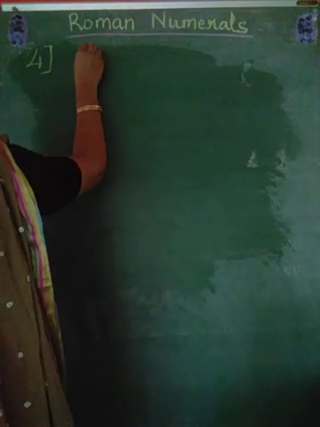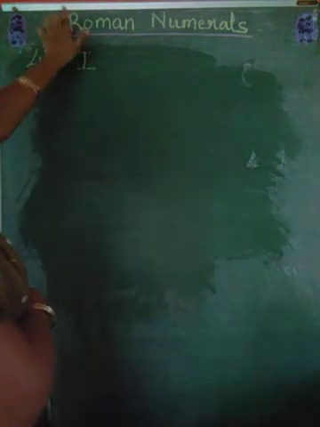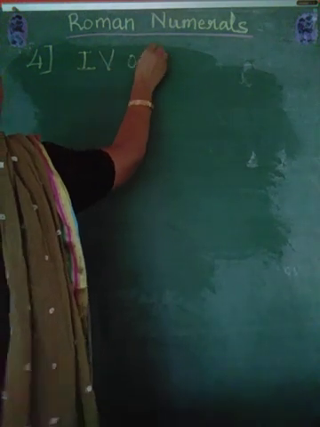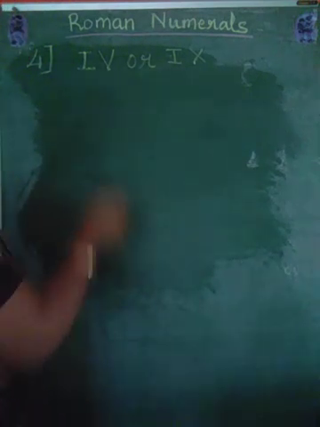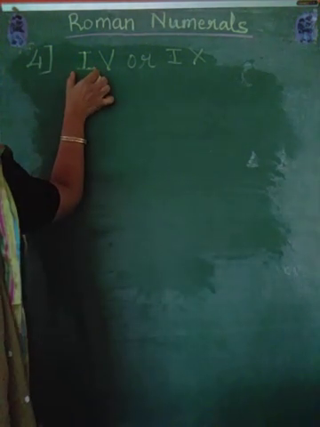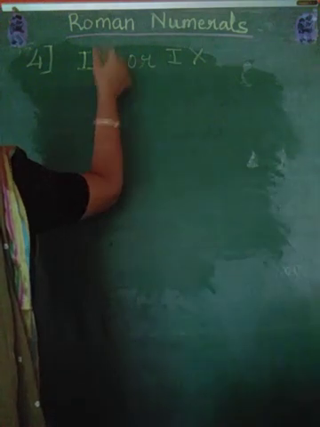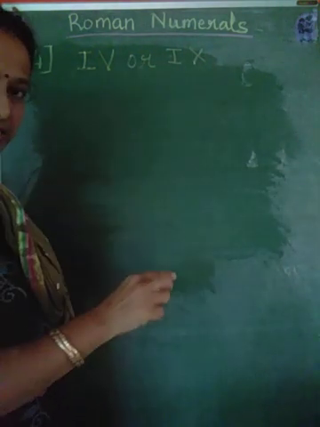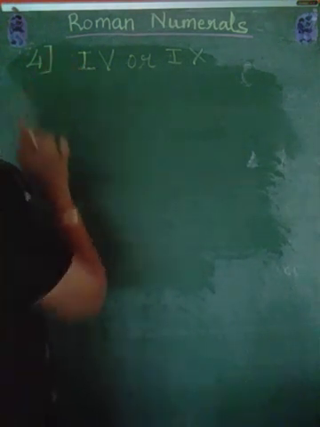If I is written on the left side of the letter V or X, the value of this I gets subtracted from the value of V or the value of X. But there is a condition that you can write this letter I only once.